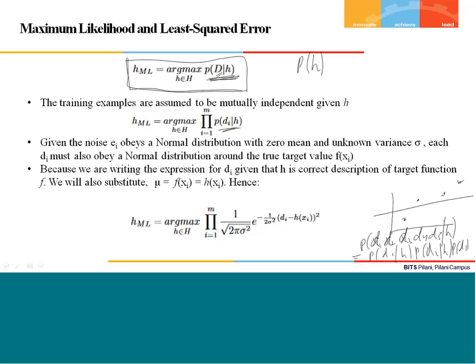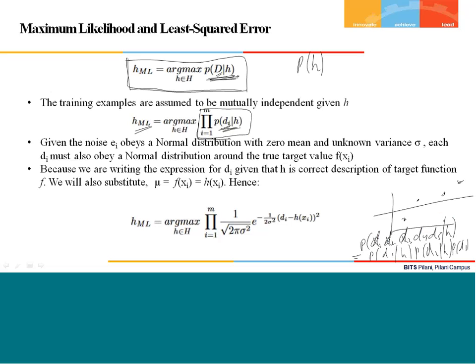Because the training examples are mutually independent given h, we can write these di in terms of a product. So now this is the expression that I want to maximize. Any hypothesis that is maximizing this product term is my required hypothesis.